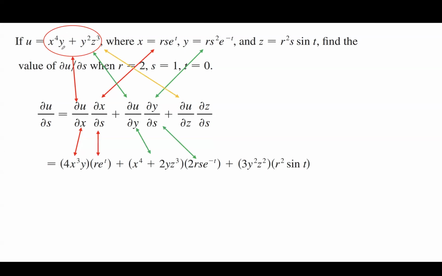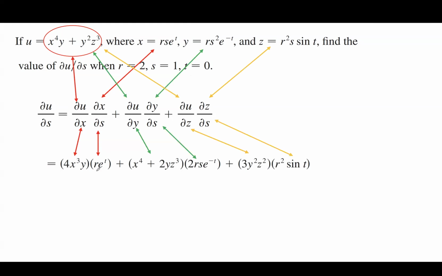The very first term doesn't have any z, so it becomes 0, but this term has z cubed, so you get 3y squared z squared multiplied by the partial derivative of z with respect to s, which is r squared sine of t. Okay, what is the rate of change of u with respect to s when r is 2, s is 1, and t is equal to 0?